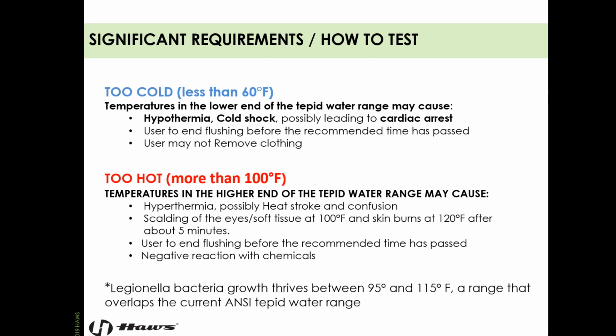And it may have a negative reaction with the chemicals that you were exposed to as well if it's too hot. Legionella, unfortunately, has a small overlap with the ANSI standard. Legionella bacteria thrives between 95 degrees and 115 degrees, and obviously the top end of our temperature range is 100 degrees.